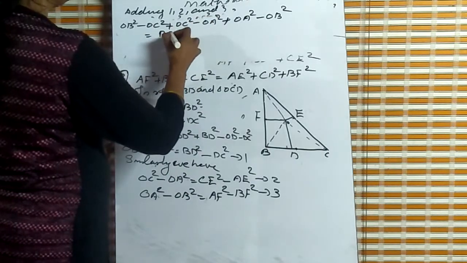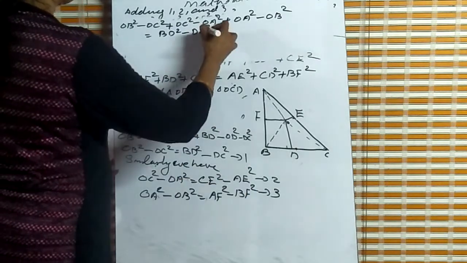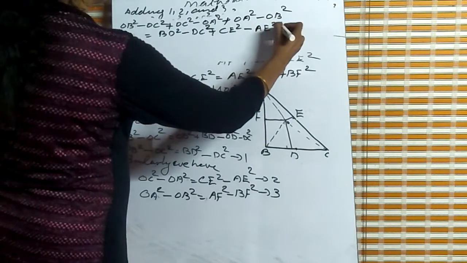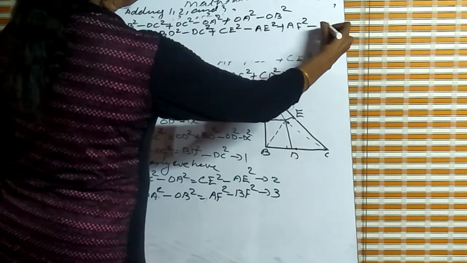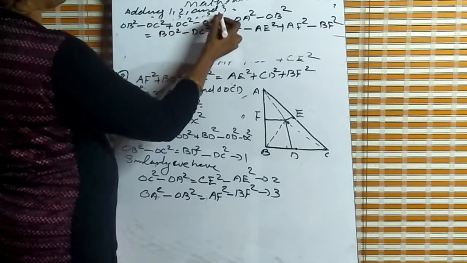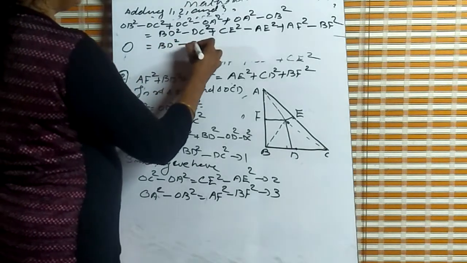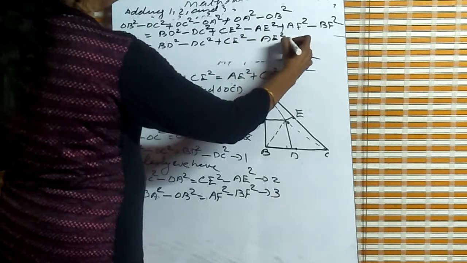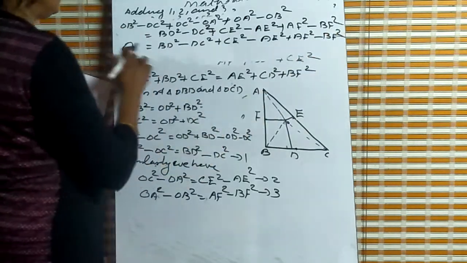BD square minus DC square plus CE square minus AE square plus AF square minus BF square. Now OB square cancelled, OC square cancelled, OA cancelled, left side 0 is equal to BD square minus DC square plus CE square minus AE square plus AF square minus BF square.